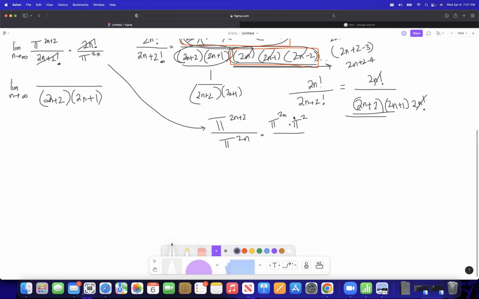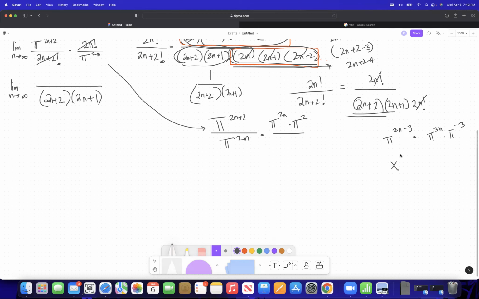So if you add them back, you get 2n plus 2. So if I had pi to the 3n minus 3, well, that's just pi to the 3n times pi to the negative third, because when I add them, I do 3n plus minus 3, which is 3n minus 3, and then I get this back.